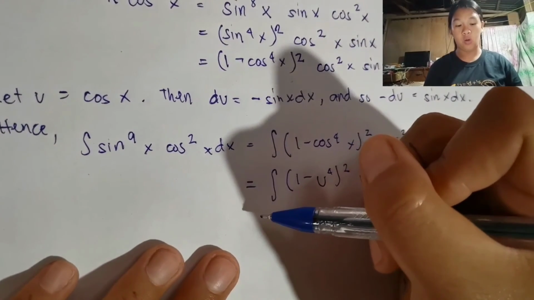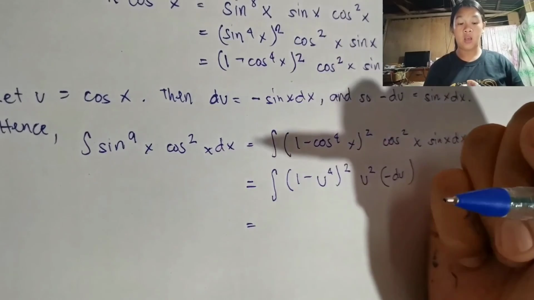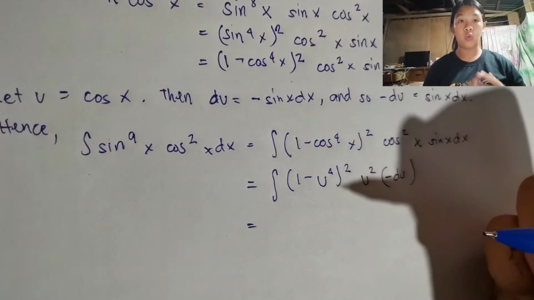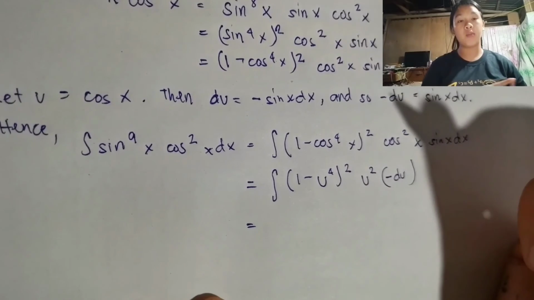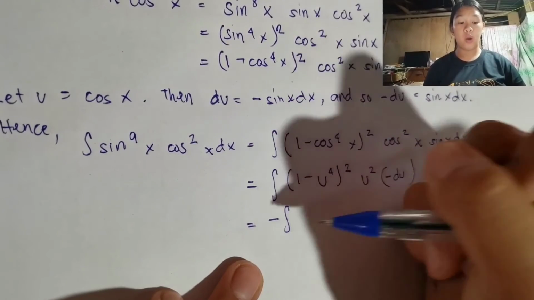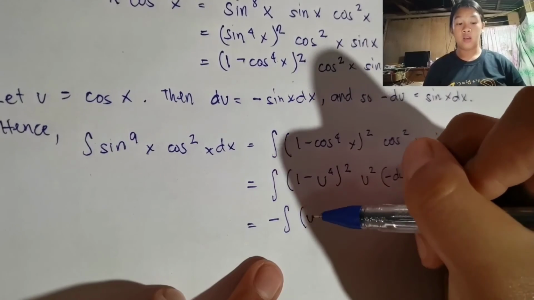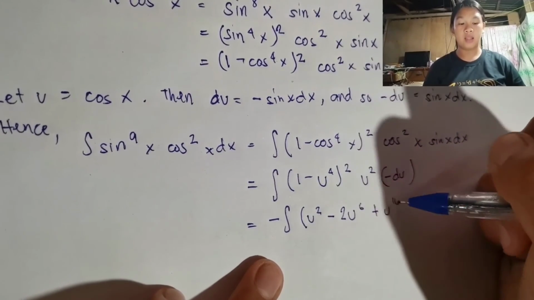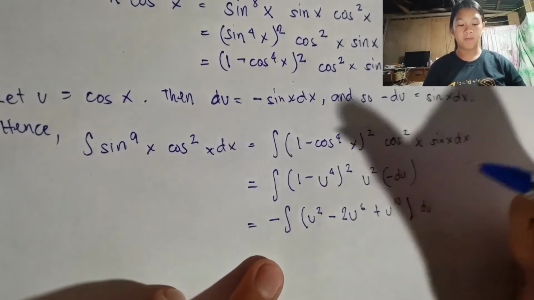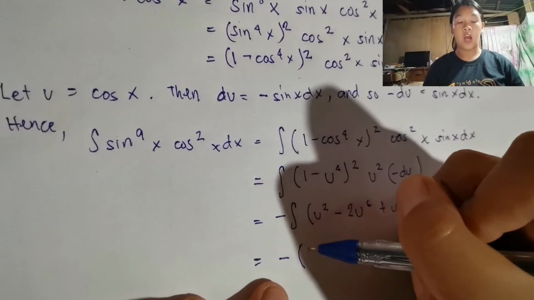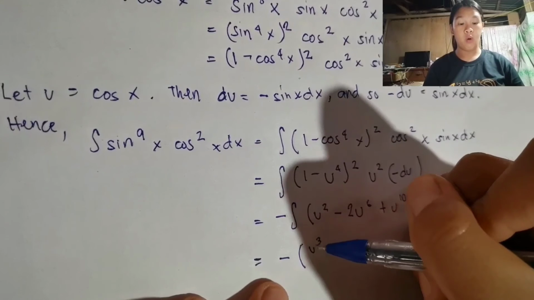So the next thing is we square the quantity, then times u squared. So it becomes u squared minus 2u raised to the power of 6 plus u to the 10 times du. Don't forget the du.